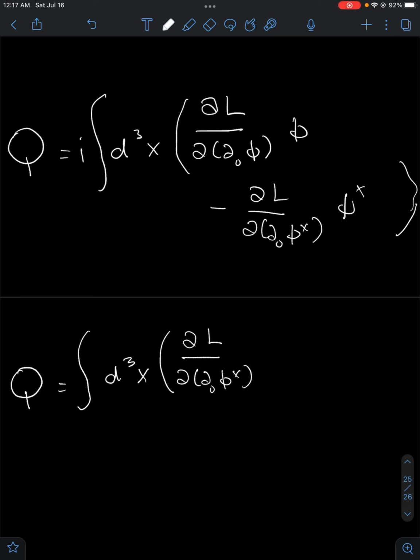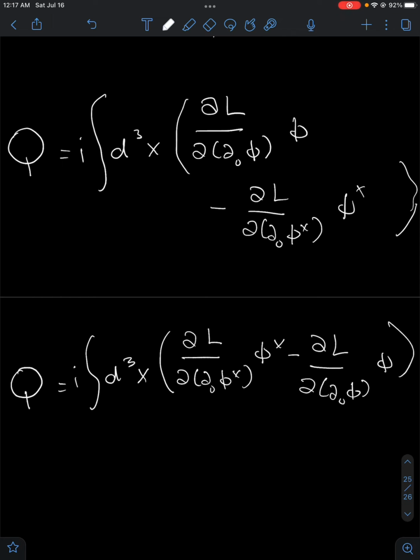We have an I here. We cannot forget that I. So we have I times the integral of this phi conjugate minus partial L over partial naught phi times phi. So this is another conserved quantity that we get.